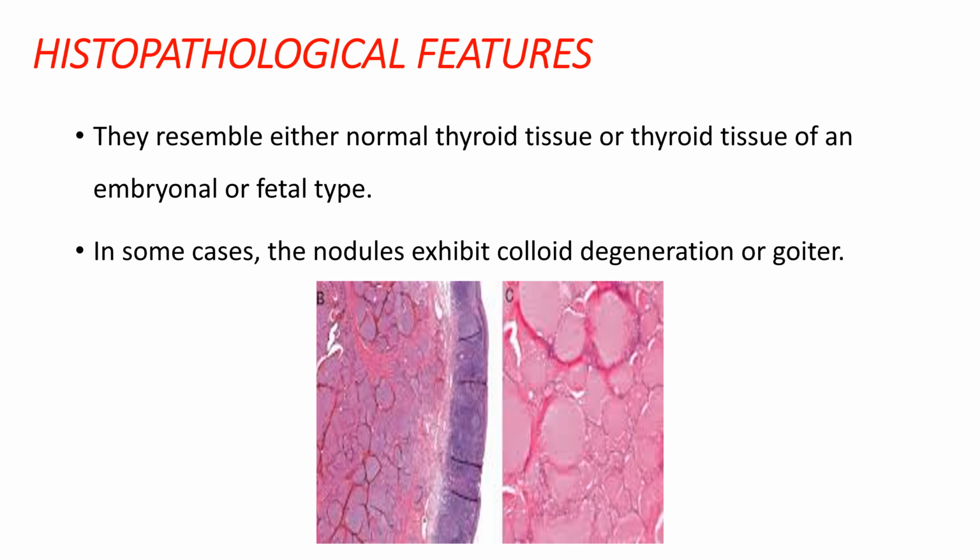Histopathological features. The benign lingual thyroid nodules may present a variety of microscopic patterns, but in the majority of cases, they resemble either normal thyroid tissue or thyroid tissue of an embryonal or fetal type. In some cases, the nodules exhibit colloid degeneration or goiter.